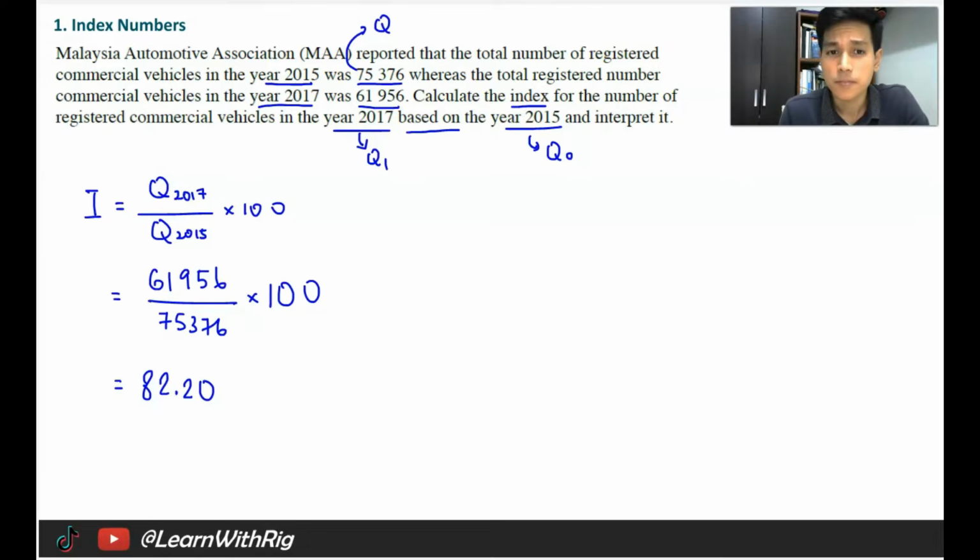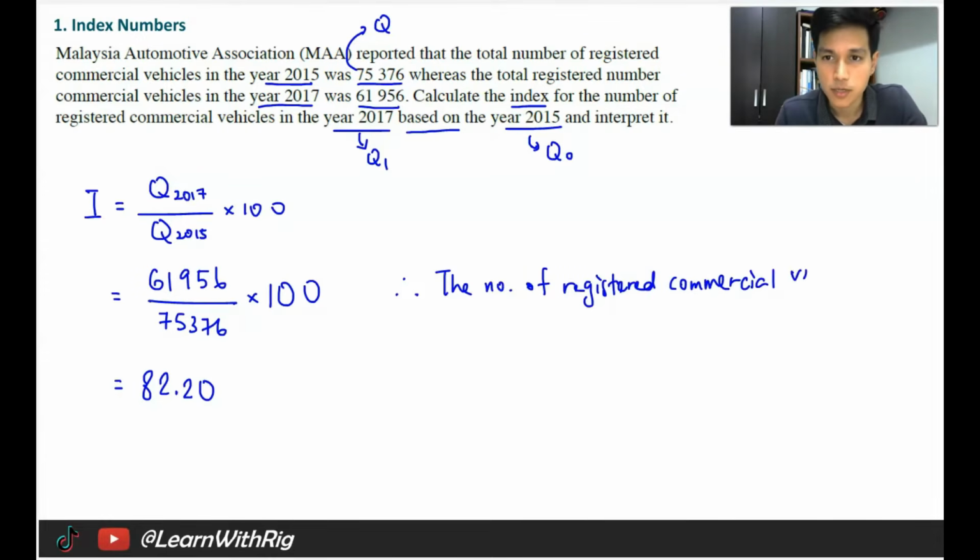What does this mean? Okay, it means that the number of registered commercial vehicle, I'm just writing here for you so that you understand, in you can use say decrease, because it's decrease, right? 82, that means it's supposed to be 100, now that one went to 82, so it decreased by how many percent?